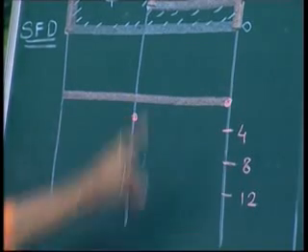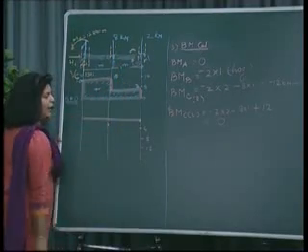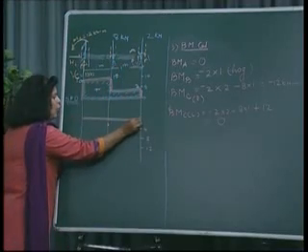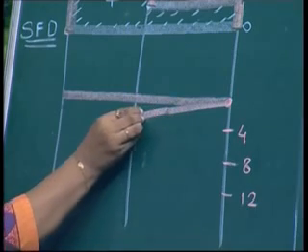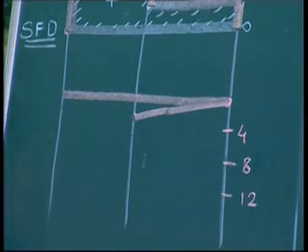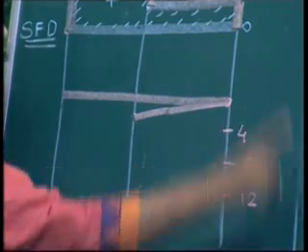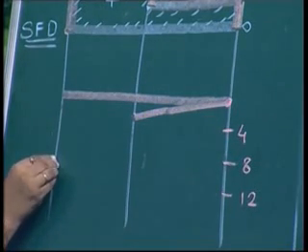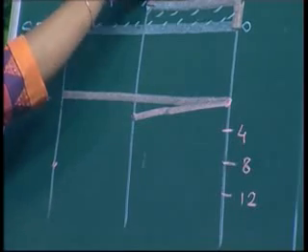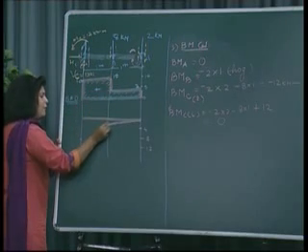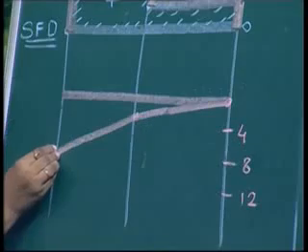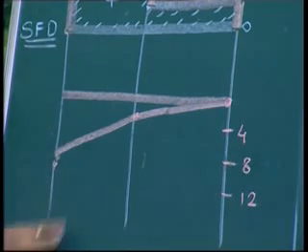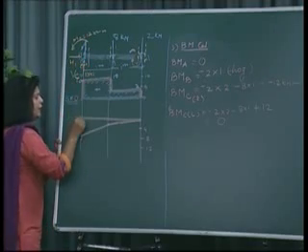What is acting? No load is acting between A and B. So, we have to join both the points. Then bending moment at point C just right is minus 12. So, minus 12 over here. Again no load is acting between B and C, we have to join these points, and bending moment at point C just left is 0.